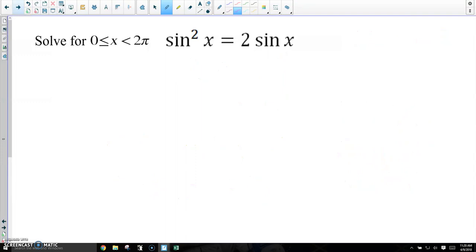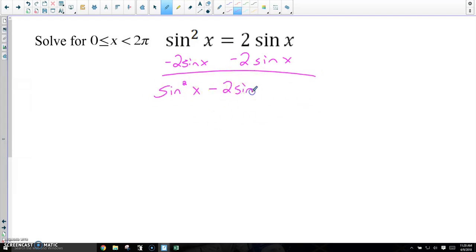On the next one, my first step is to get the variable to one side. So I'm going to subtract 2 sine of x from both sides. So I have the sine squared of x minus 2 sine of x is equal to 0. Last class we talked for a little bit about how we could use substitution. We used let u equal the sine of x.